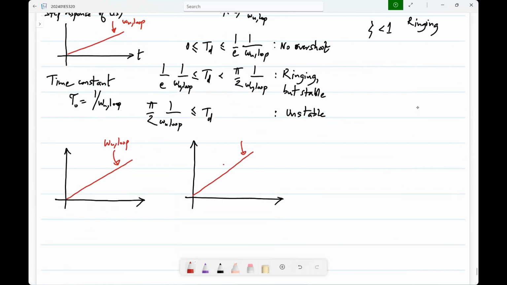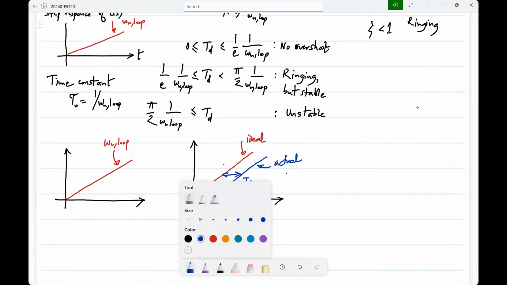This is the ideal, and the actual will be the same thing, which is shifted to the right by TD. Okay.